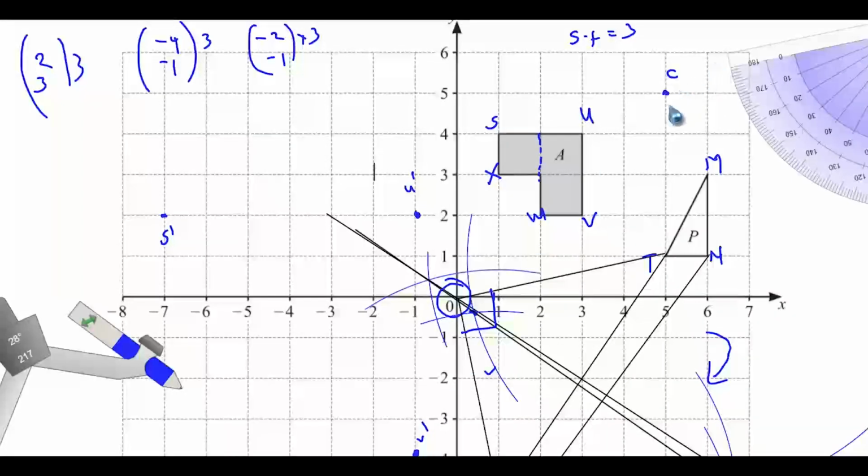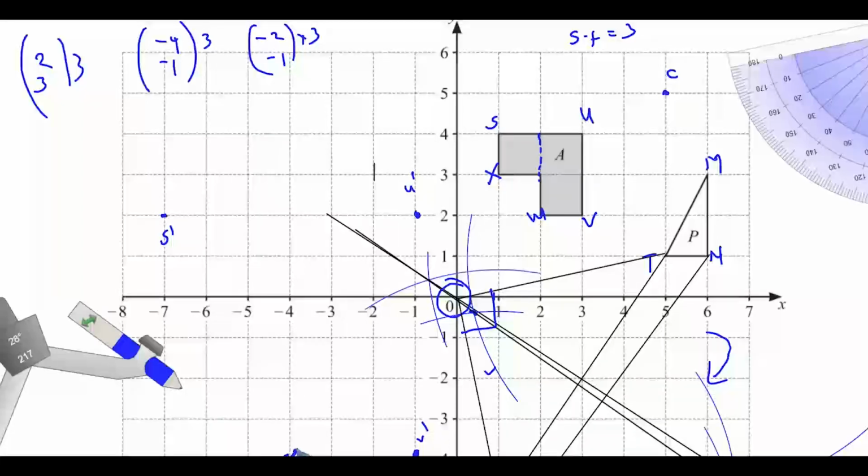Then the next one will be W. So it will be 1, 2, 3 and 1, 2, 3. So that is 9 and 9. Let's count 1 to 9, then 9 downward, 1 to 9.